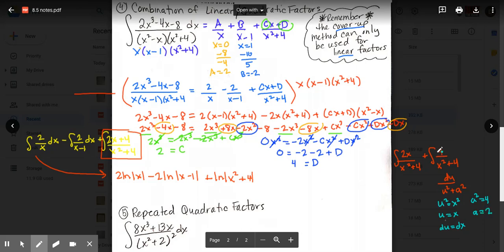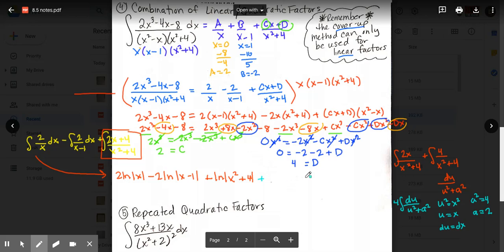So you would pull the 4 out. Okay, when you pull the 4 out, you're integrating du over u squared plus a squared. And that integrates to 1 over a. So if I have the 4 out and I do 1 over a, that's just going to be 2.